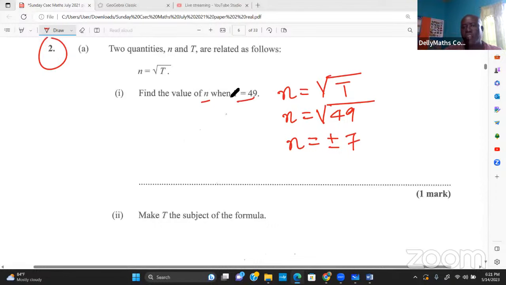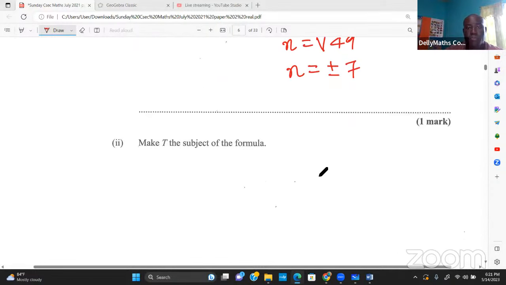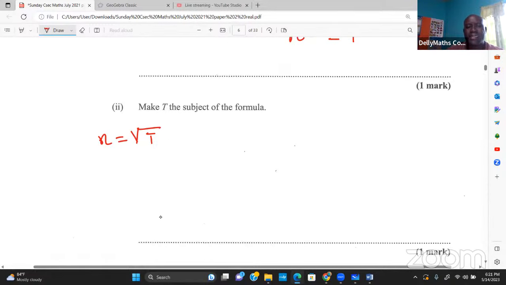So it's very straightforward. You do your substitution. Now, the other question says make t the subject. Remember that we were just told that n is equal to the root of t. So if you're going to make t the subject, we have to get rid of the square root. What gets rid of a square root is a square. So you want to square that.